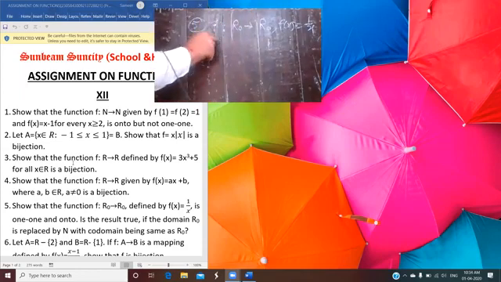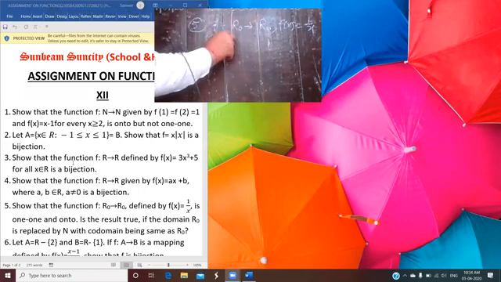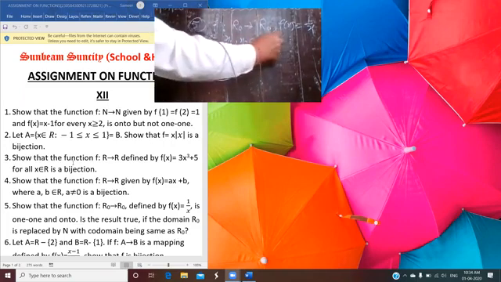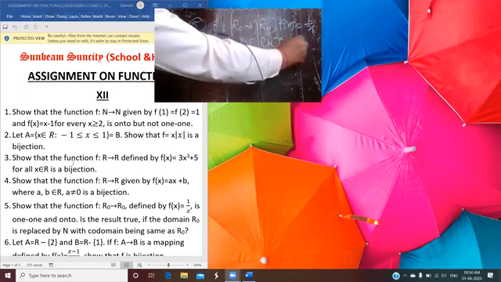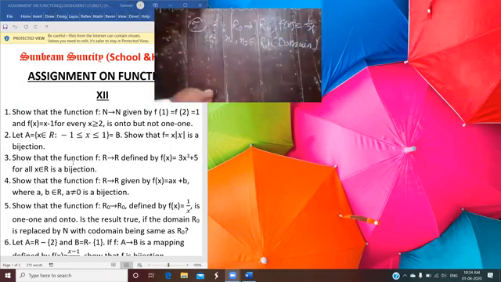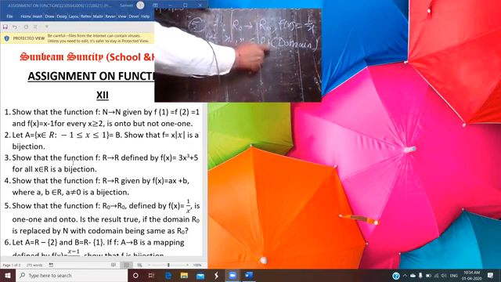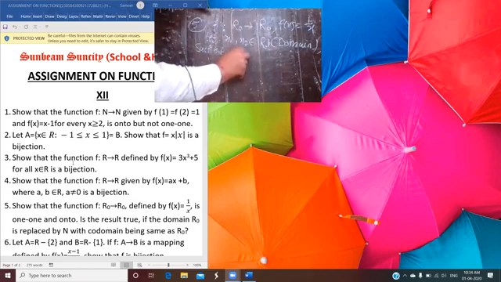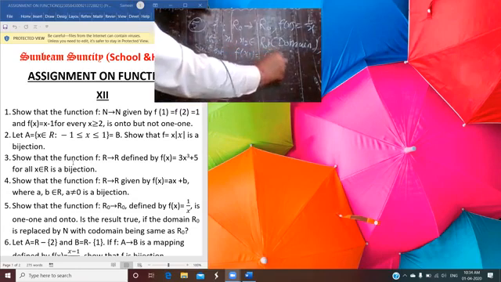For one-one, assume let x1, x2 belong to R0, and that R0 is the domain. Write it, domain in brackets, that is from the learning point of view. So x1, x2 belong to R0 such that f(x1) = f(x2).